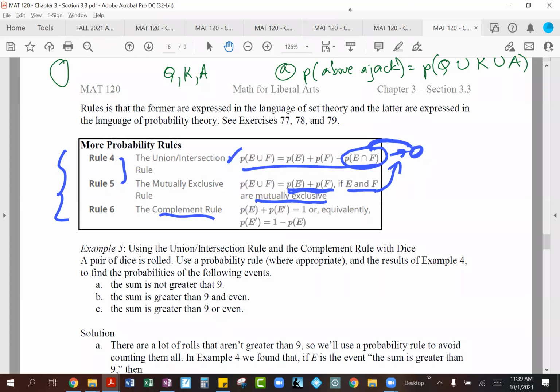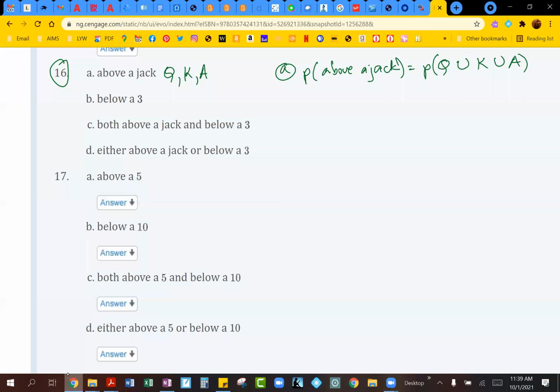So we wouldn't have to worry about the intersection, because like I said, with mutually exclusive events, your intersection is 0. So our breakdown here is basically going to be adding the probability that the card can be a queen with the probability of a king, and with the probability of an ace. So what do you think this comes out to be?